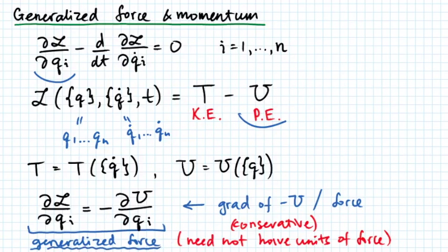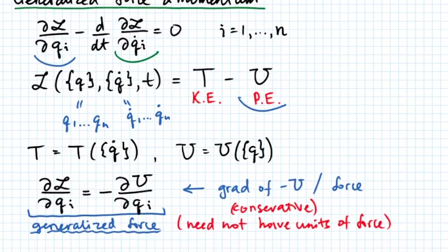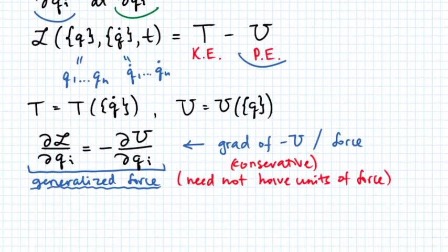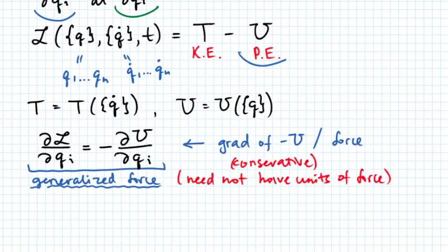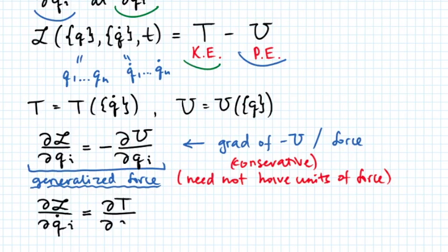Next, let's look at the partial derivative of the Lagrangian with respect to velocities. In analogy, we can write that the partial derivative of the Lagrangian with respect to velocity now becomes just the partial derivative of kinetic energy with respect to velocity.